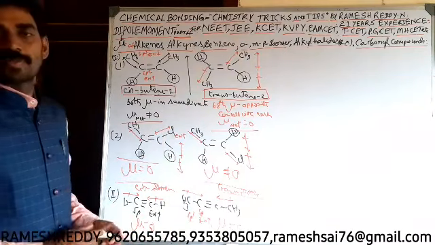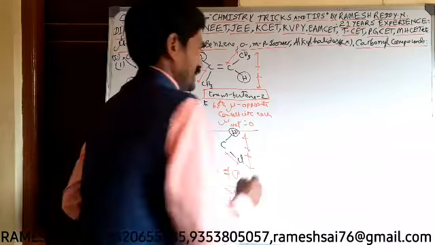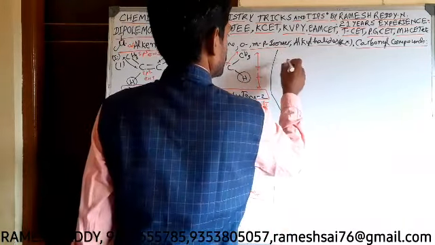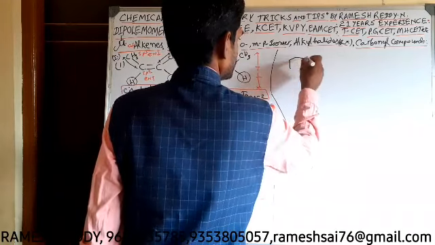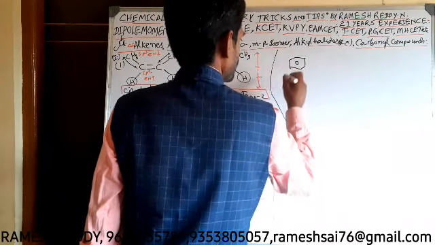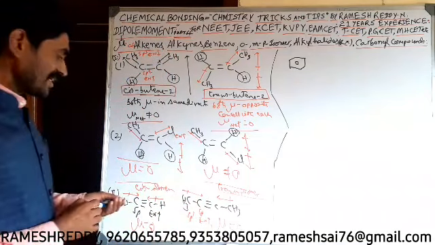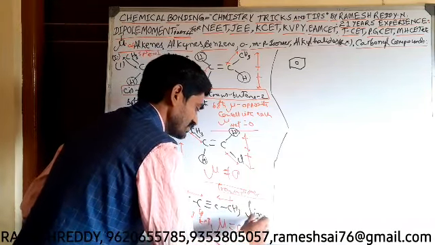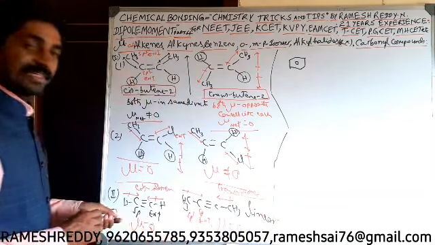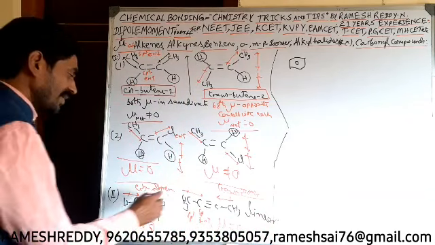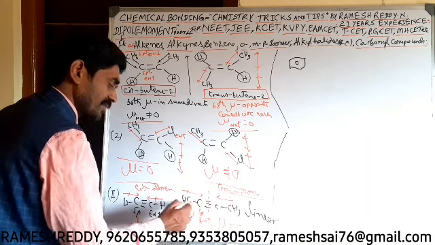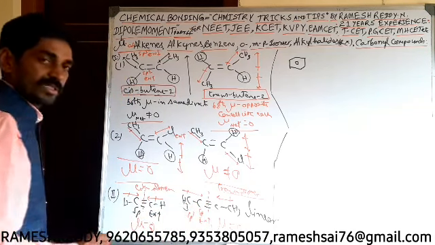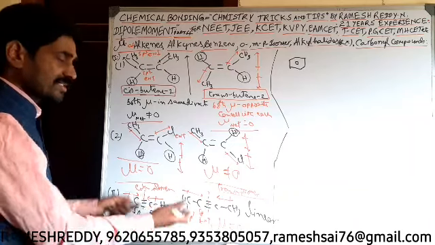Next we can move to benzene. Alkynes are symmetrical molecules with linear geometry. If you cut the molecule through the triple bond, you will get two equal halves. Here also, if you cut this molecule through the triple bond, you will get two equal halves. That is a symmetrical molecule.